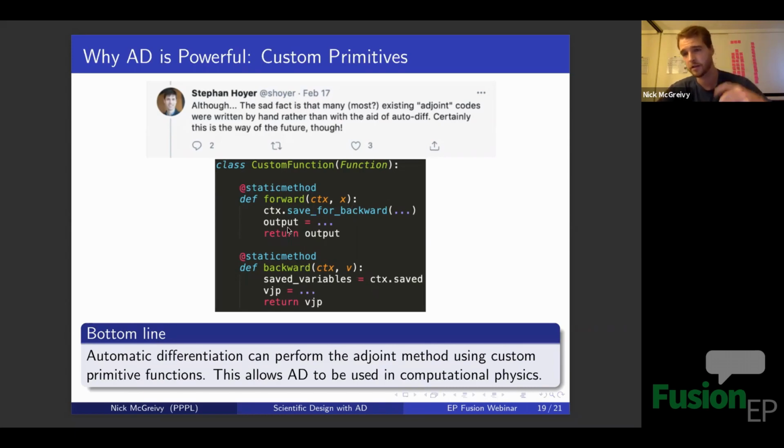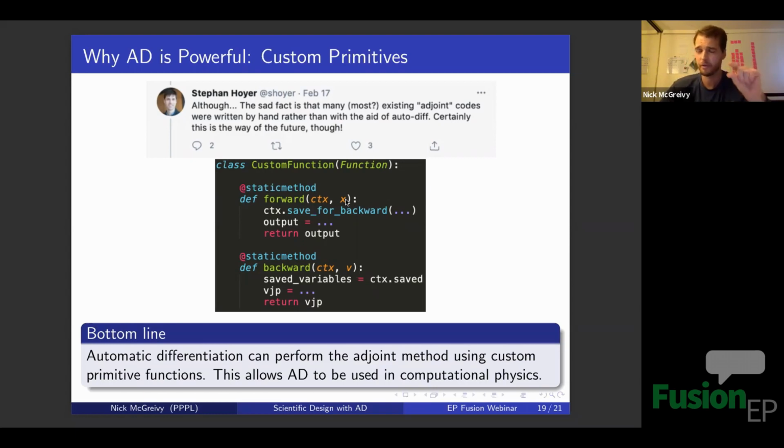In this case, it would be like taking P and performing this implicit solve to give you the solution U, which is the output of the implicit operation. And then you have to implement this backward function, which starts with the vector in the VJP. And then you would perform the adjoint method analytically in this custom function, and then output the adjoint vector, which is the solution of your VJP. So you would perform the adjoint method potentially by hand, right?